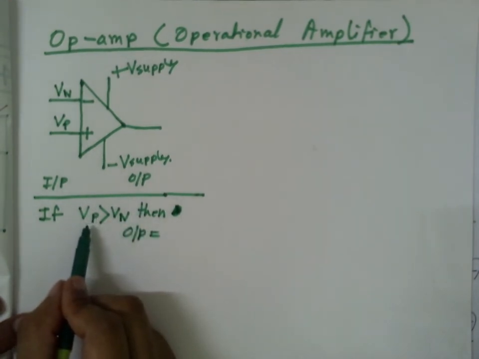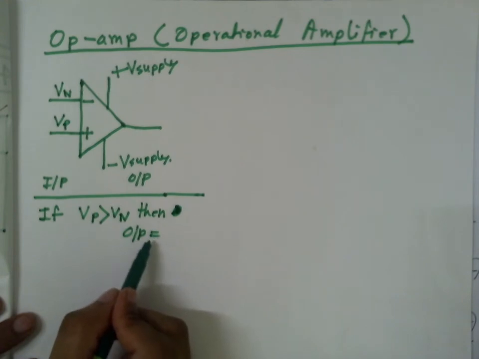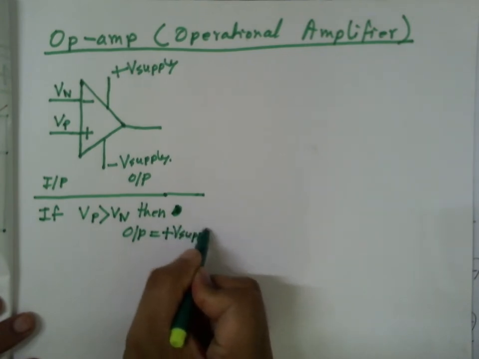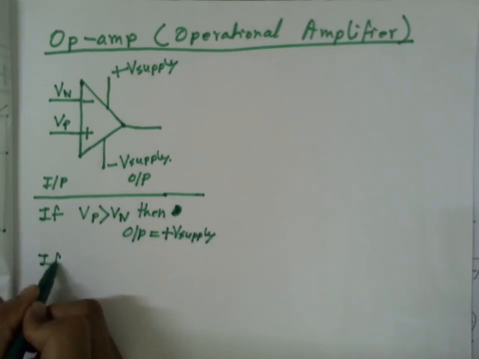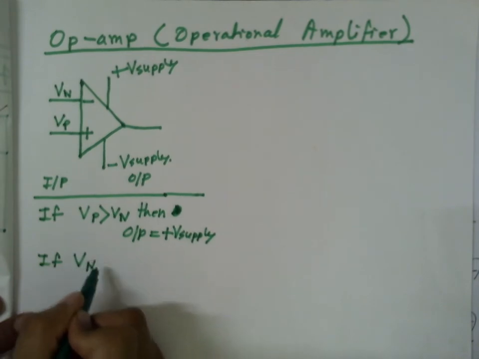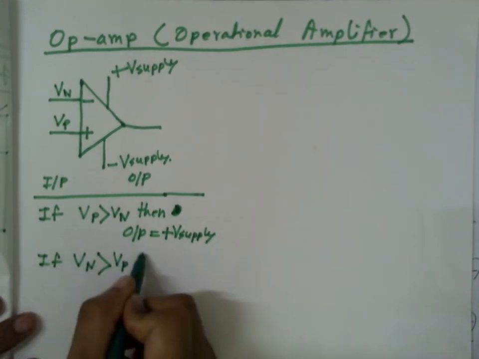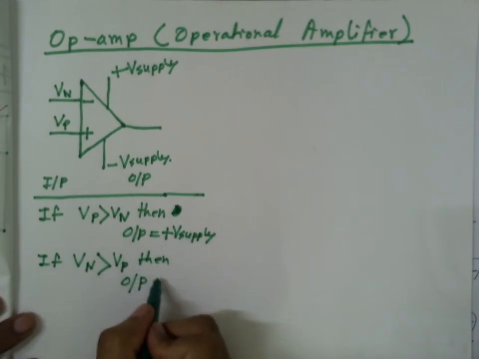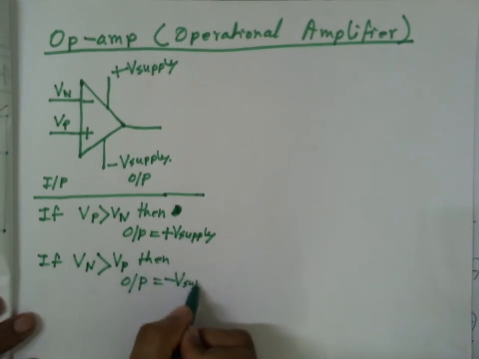If positive input is higher, the output is positive. And if Vn is greater than Vp, then the output is equal to minus V supply.